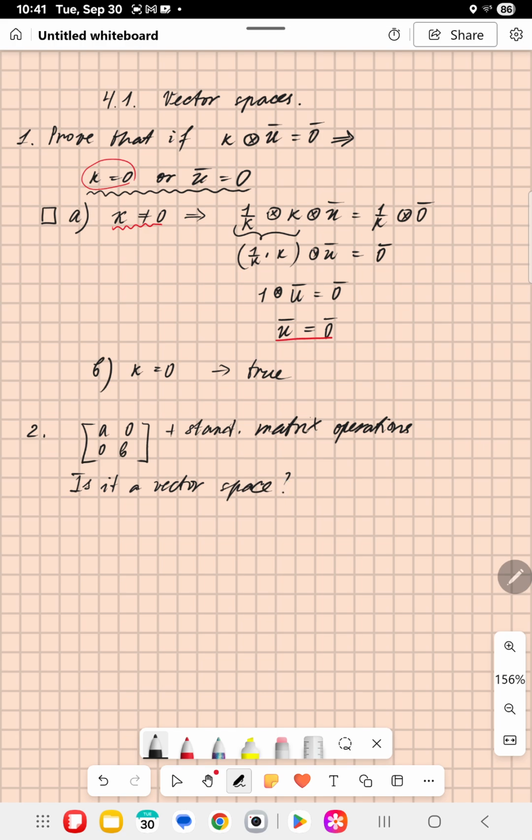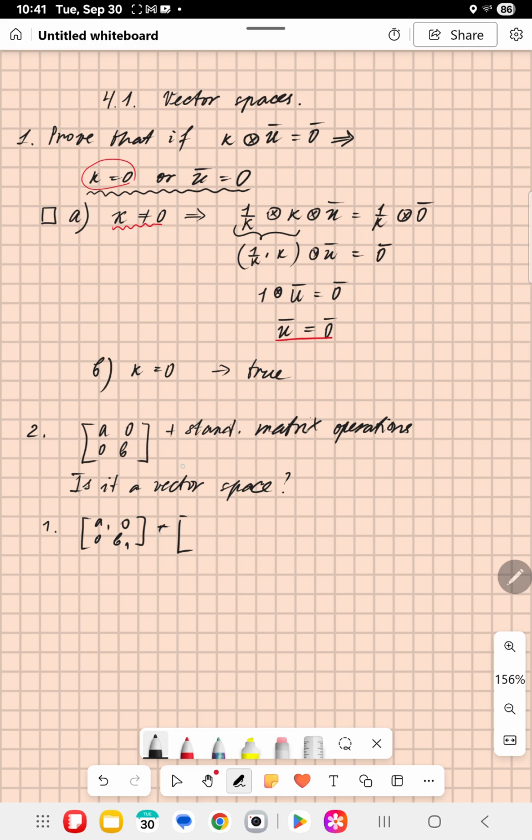Well, to check whether it's a vector space, basically, guys, we're supposed to check the vector axioms, right? And we have axiom number 1, which tells us that the sum of two vectors from this vector space is supposed to also be a vector from this vector space. So let's check it. Axiom number 1. We have A1, 0, 0, B1 plus A2, 0, 0, B2, and this addition is a matrix addition.